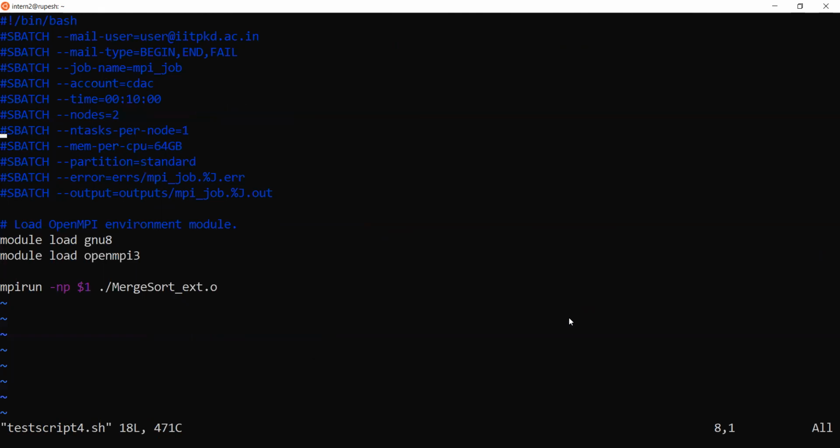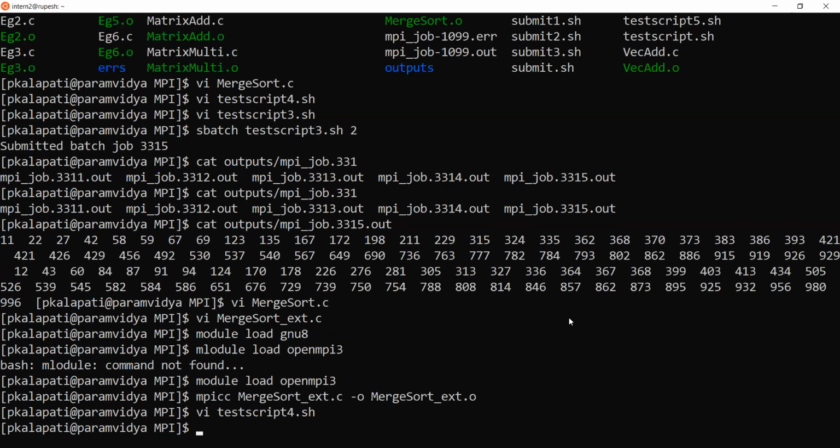If you look at this test script, we are passing this as an argument. Okay, now sbatch test script. No, sorry, not sbatch. What can you see here?